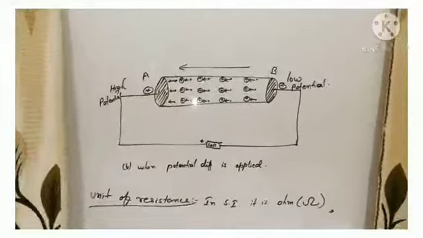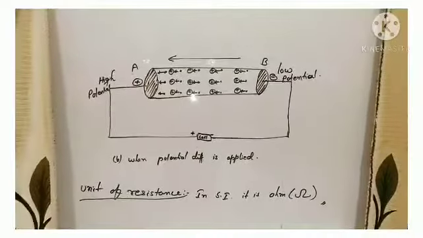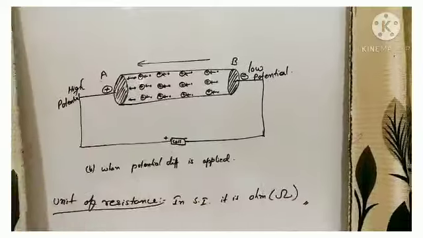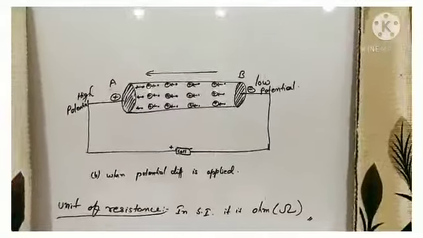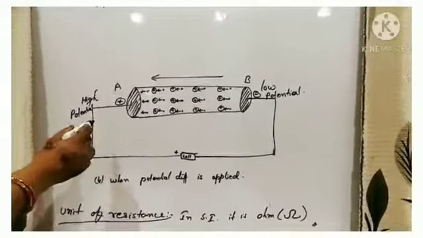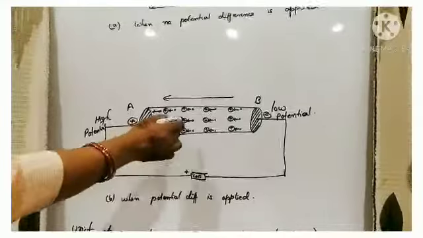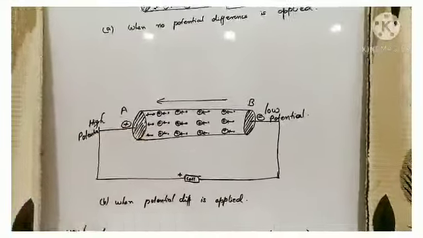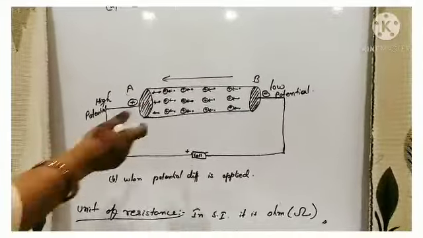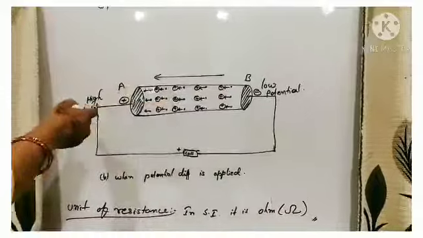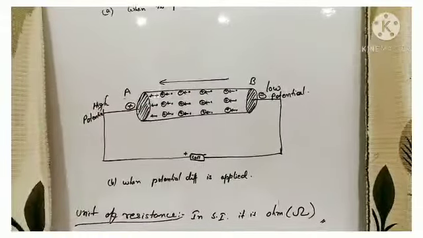When the potential difference is applied across the ends of the metal wire, the electrons inside experience a force in the direction from the end at low potential to the high potential.